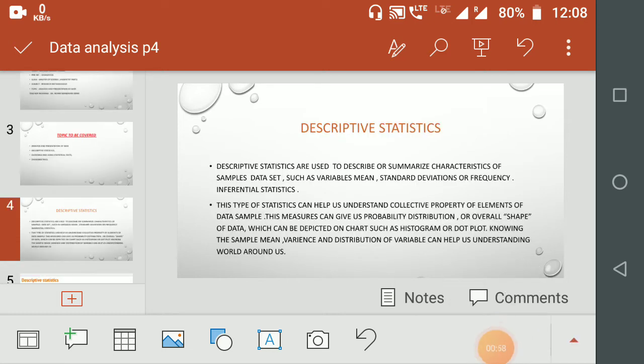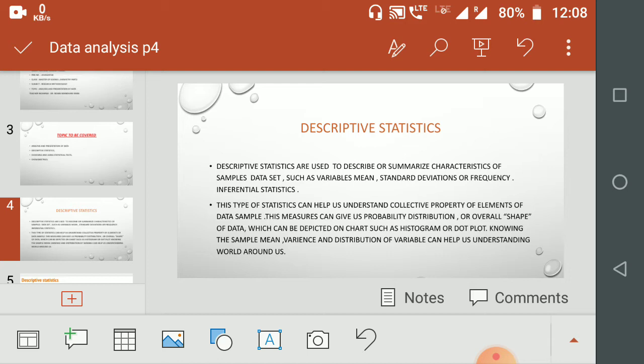Descriptive statistics are used to describe or summarize characteristics of a sample dataset, such as a variable's mean, standard deviation, or frequency. Inferential statistics can help us understand the collective properties of the data sample.